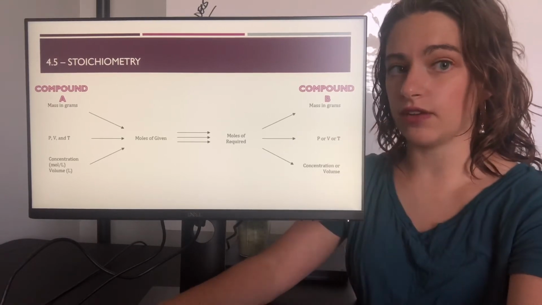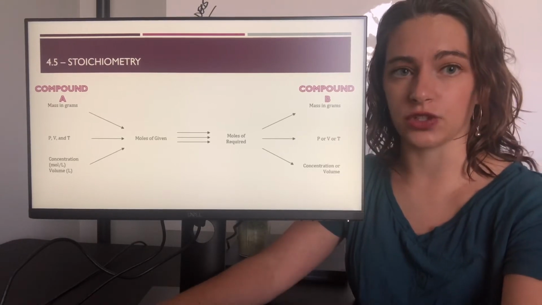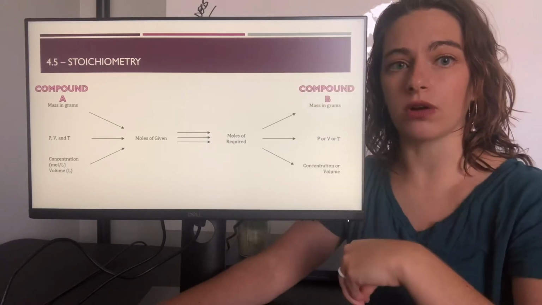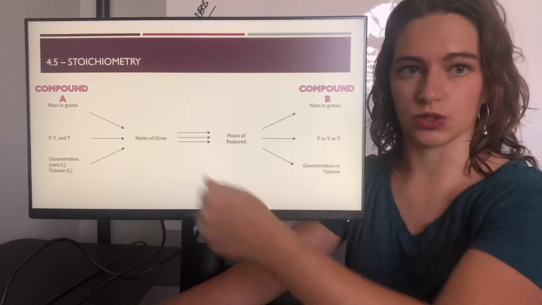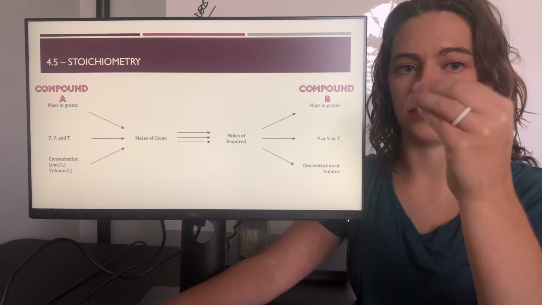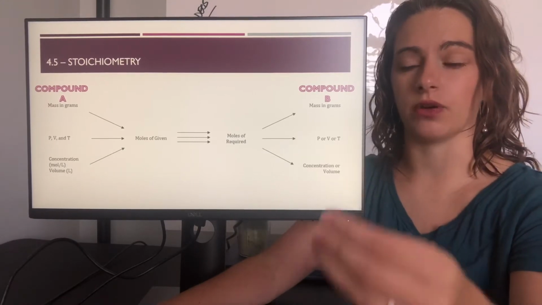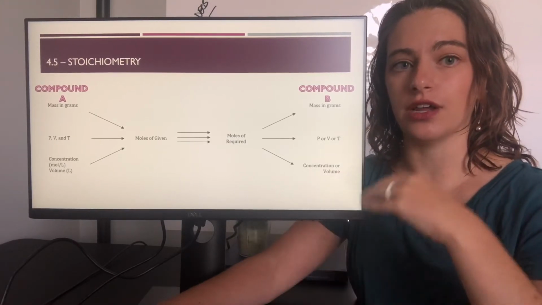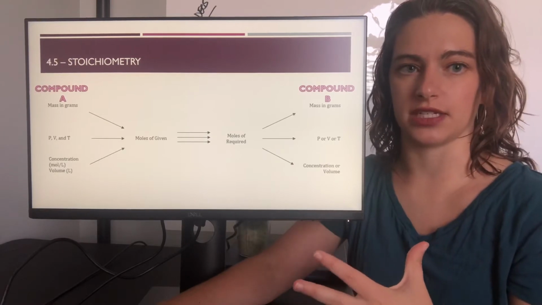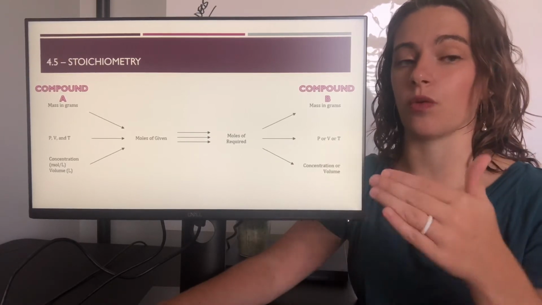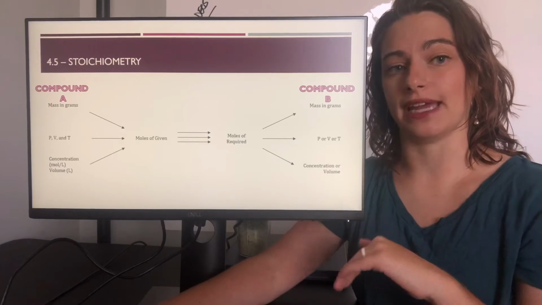So if you're given information about silver nitrate and you're asked about silver chloride, you know you're going to be doing some stoichiometry somewhere in there. What you have to do depends on what you're given and what you're being asked for.